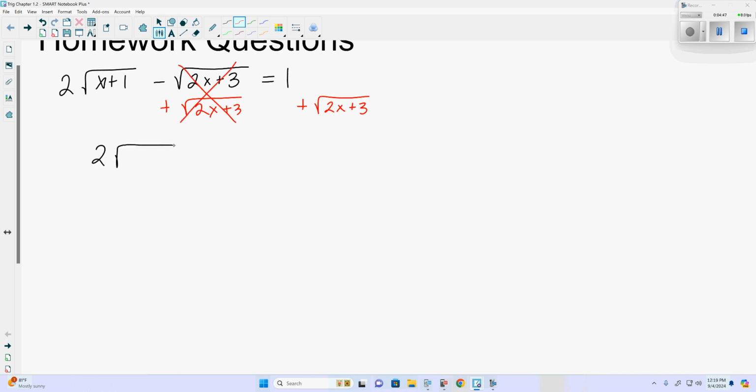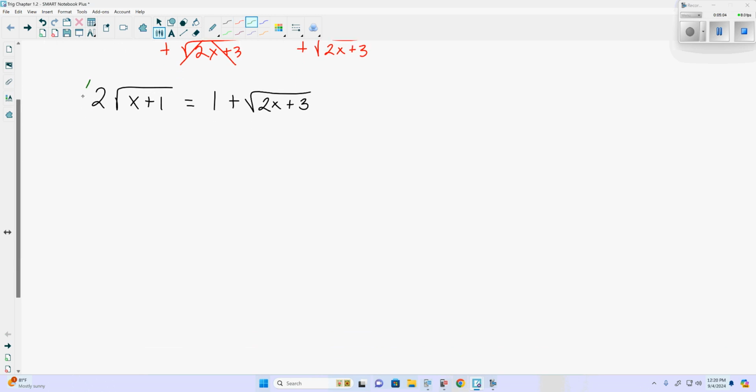So we have 2 square root of x plus 1 is equal to 1 plus the square root of 2x plus 3. Now we could move the 2 to the other side. We'll leave it where it's at. But once we even the radicals out, we're going to put both sides to the nth power. Now, since there's square roots, we're going to square.